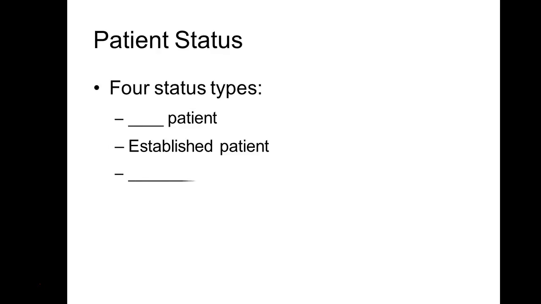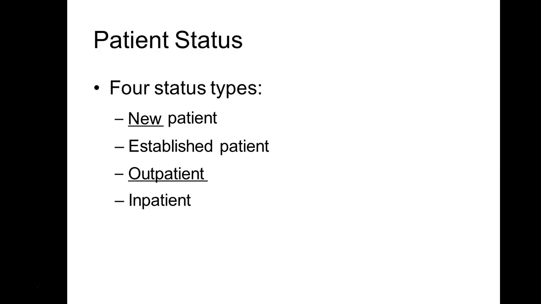We have 4 main patient statuses: new, established, outpatient, inpatient. The new and established are talking about how long it has been since the patient's been seen. What's nice is if you flip to page 5 in your code book, you'll see the decision tree for new versus established patients.